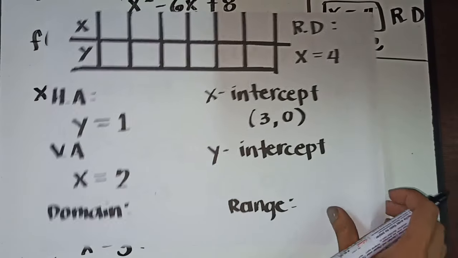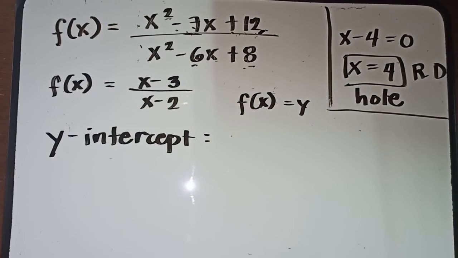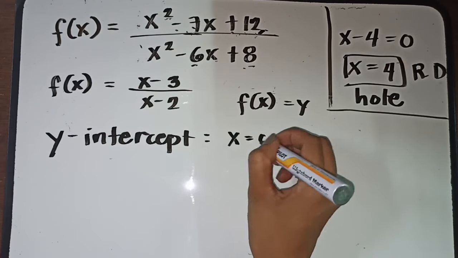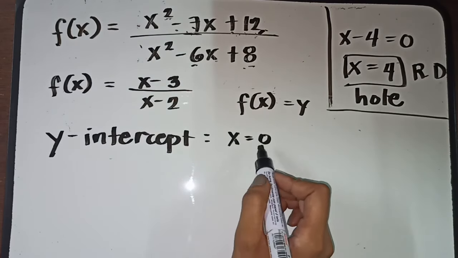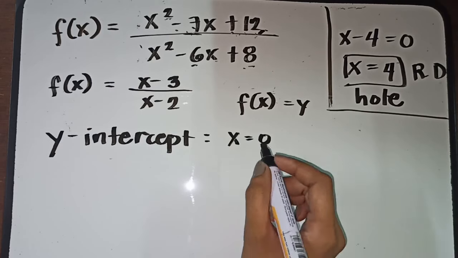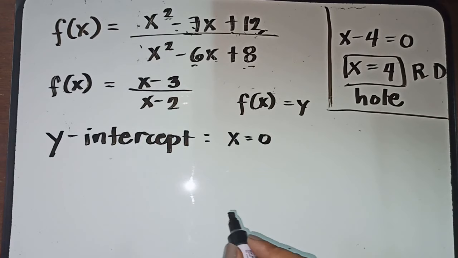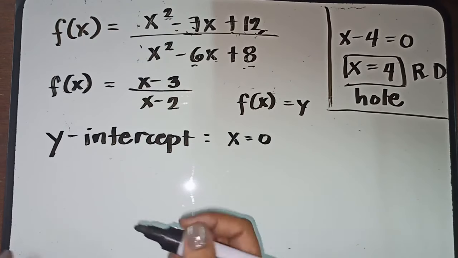So, how about the Y intercept? Okay, so for the Y intercept, solve for y where x is equal to 0. So, substitute ko lang yung value ni x, which is 0, dito sa given function.